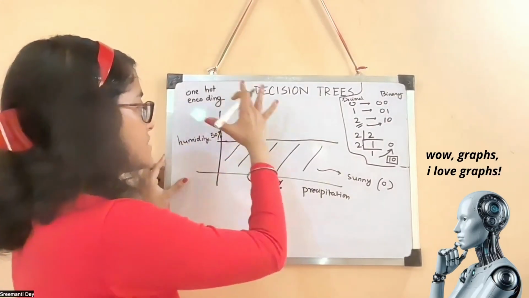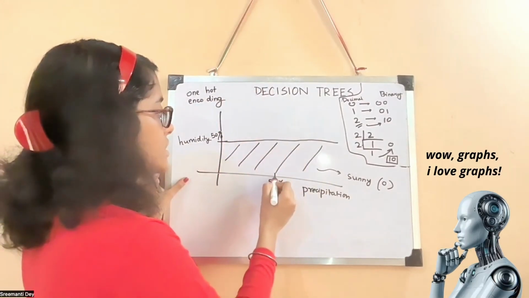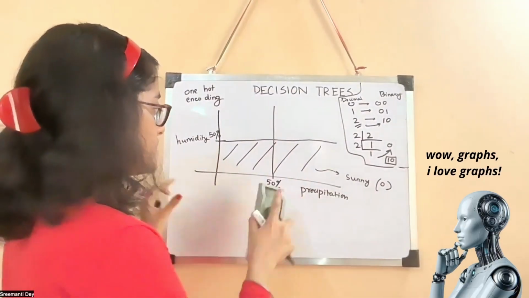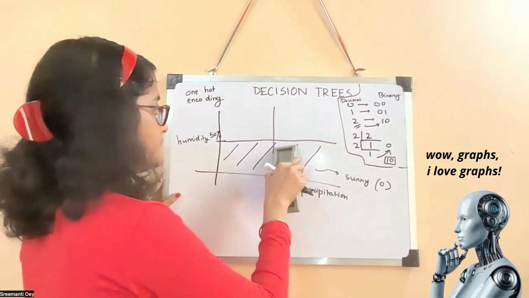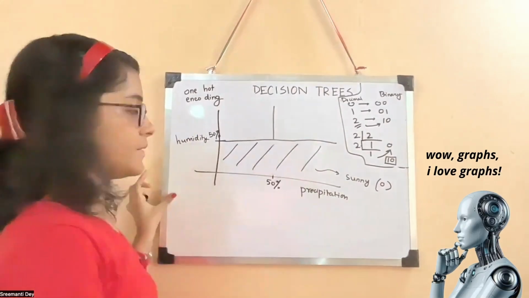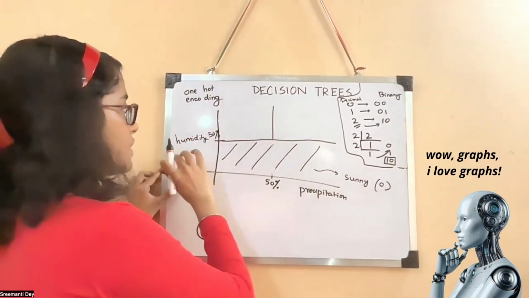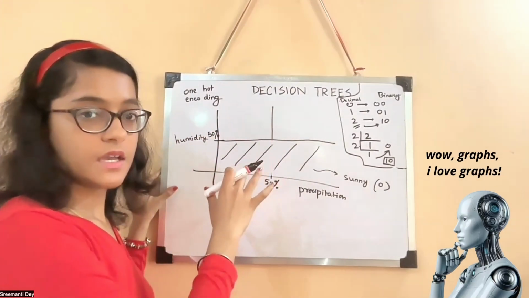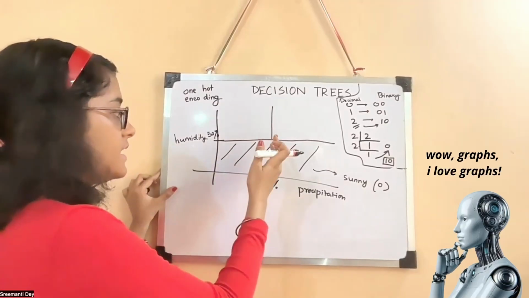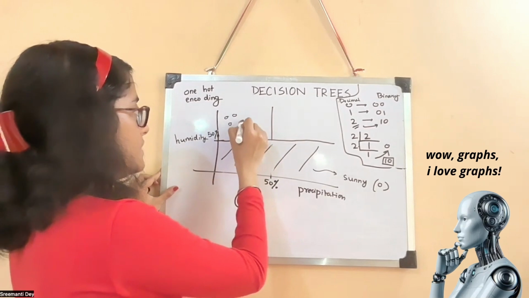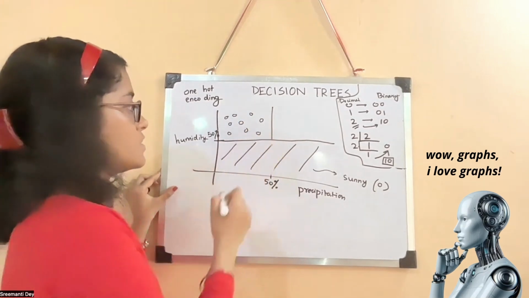Great. Now when humidity is greater than 50%, then precipitation comes into play. Let me just remove this because it is not needed. So we only need this line here. If humidity is greater than 50% and precipitation is less than 50%, what is this region?